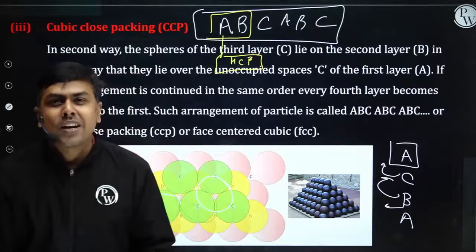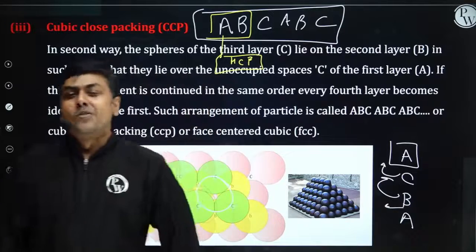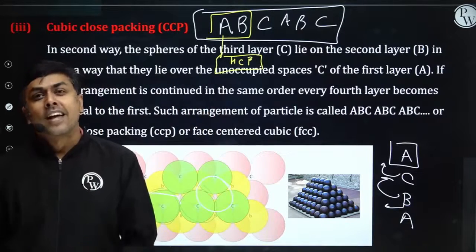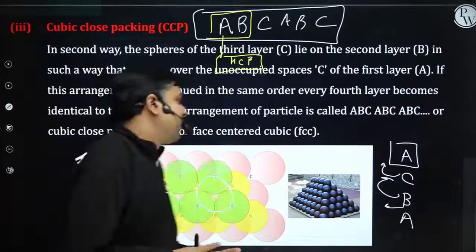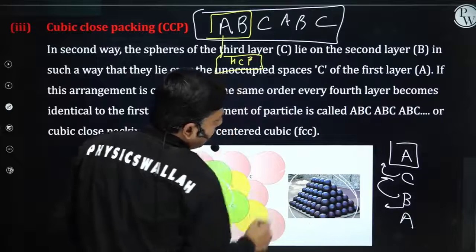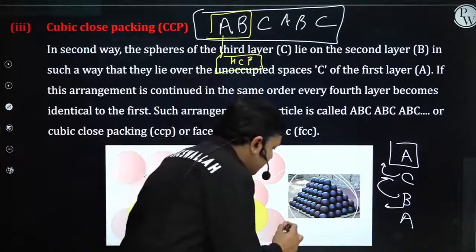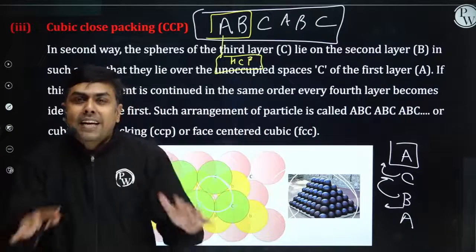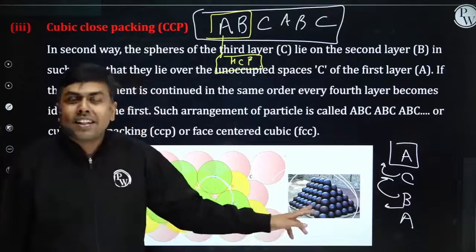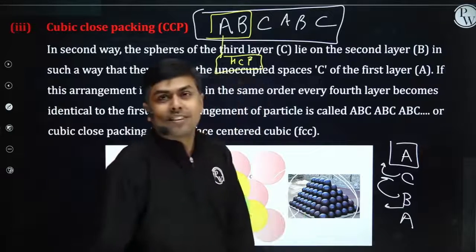Am I clear, students? If I talk about the type of unit cell which we get here, we get FCC unit cell. Let's see. This is how we do close packing in 3 dimensions. You might have gone to a fruit market. Stacking of oranges, or stacking of fruits, is done like this only.